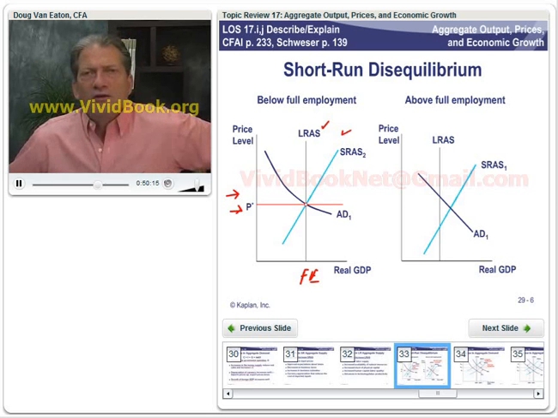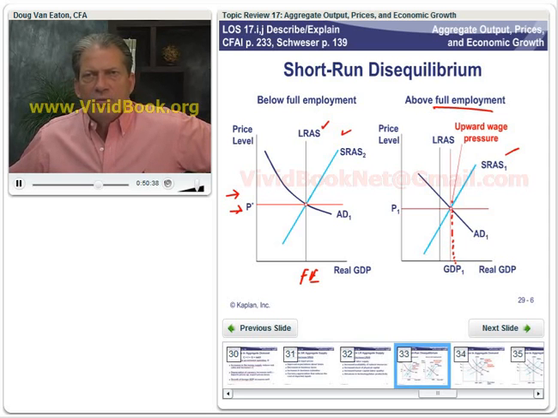So now let's look at an above full employment short-run disequilibrium. We were above full employment GDP, which is a temporary condition. And we're holding input prices constant and plotting this short-run aggregate supply curve. So there's our equilibrium at GDP 1 and price level 1.